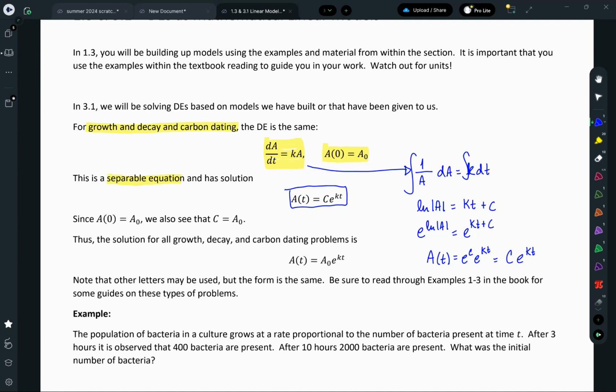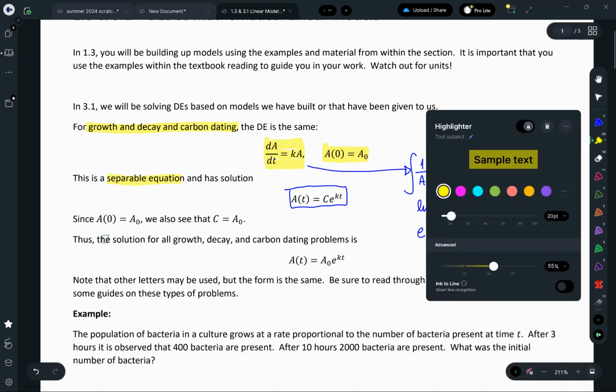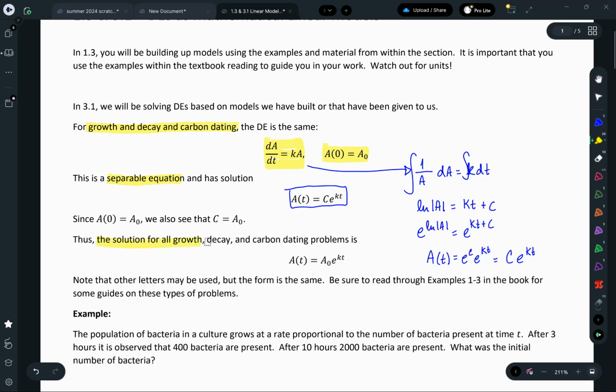And so then the solution for all growth, decay, and carbon dating problems is going to have the form A of t equals A naught times e to the kt, so long as the initial population was at time equals 0.